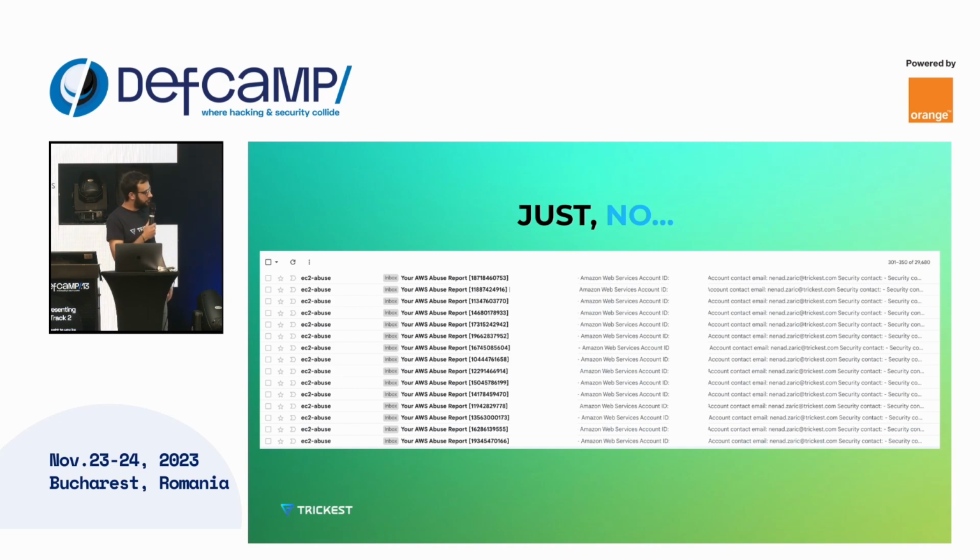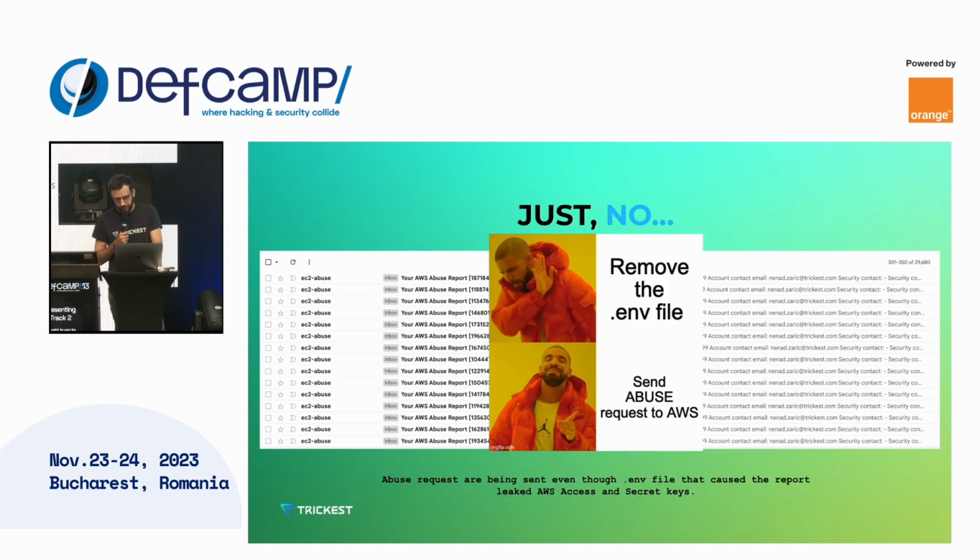I don't really know why it is the case, but it seems that people are really worried about .env files, because when I did it with the other paths, it was fine. I didn't get any abuse request. And actually, it's a funny story: when I got these abuse requests, I sent an email to our AWS account manager to explain that I'm not doing anything too intrusive.